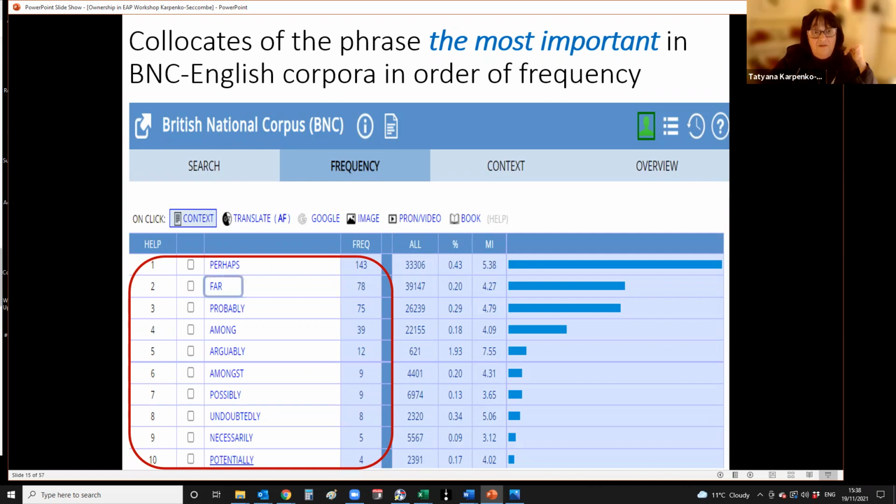Only far, which is part of by far, I suppose, and undoubtedly are boosters. So this is again a very valuable conclusion which students can draw themselves by looking at the concordances.